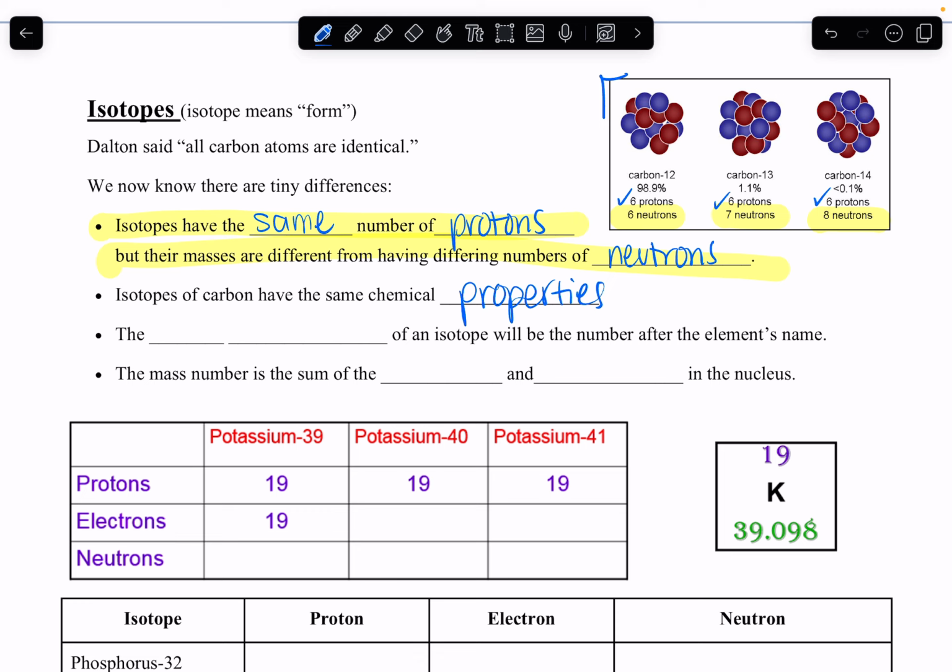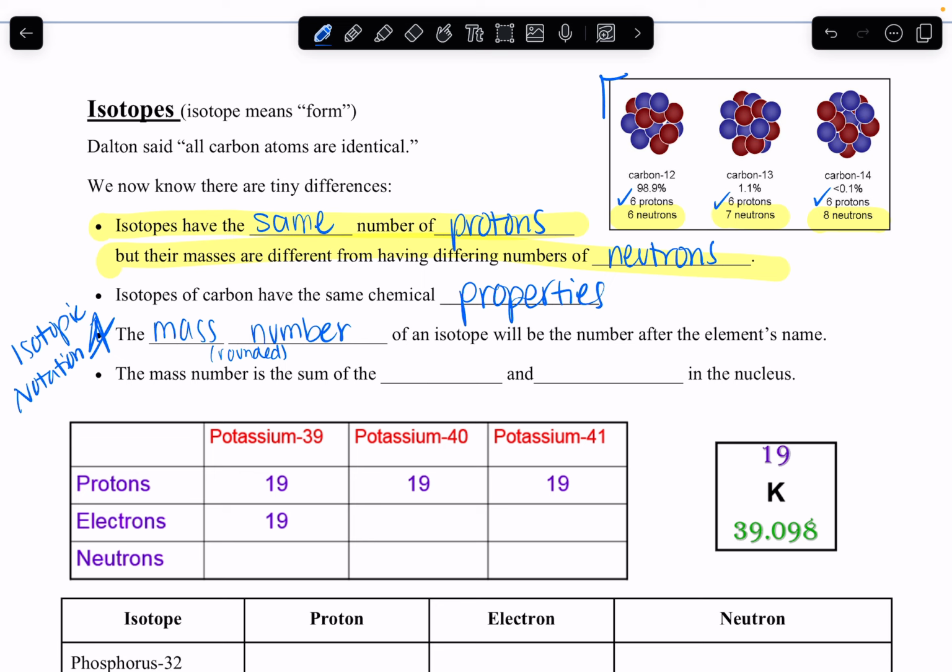So the mass number, remember that's the rounded version, of an isotope will be the number after the element's name. This is called isotopic notation. And there's two ways.